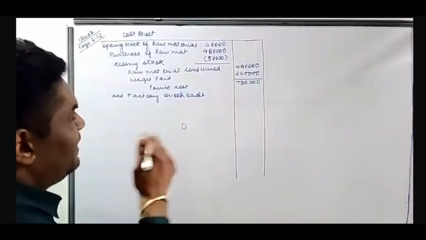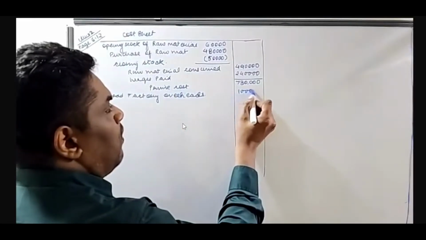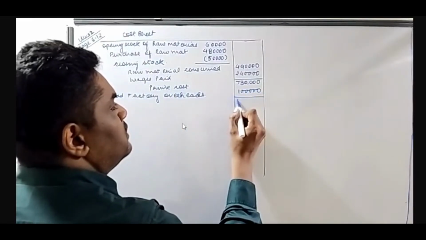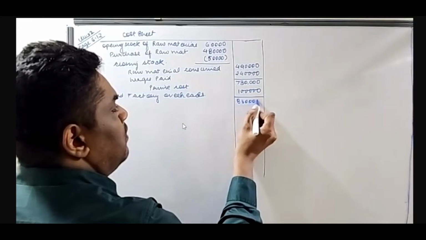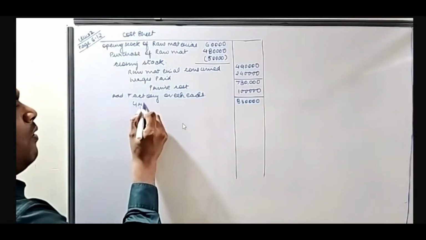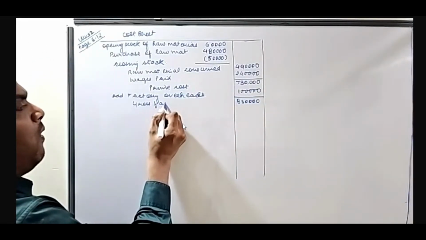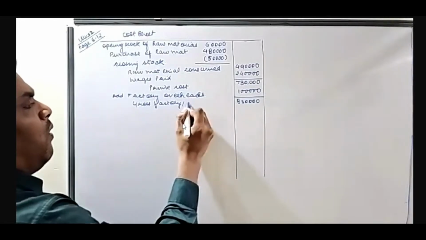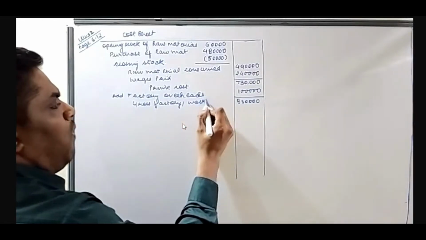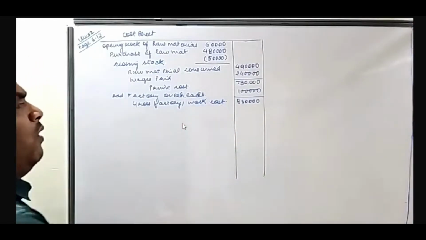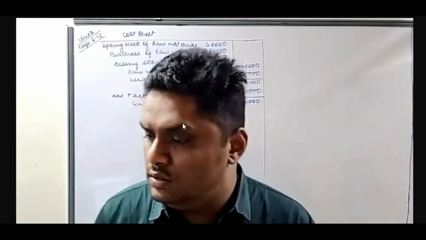That is 1 lakh are my factory overheads. So this will be 8,30,000, gross factory or work cost.